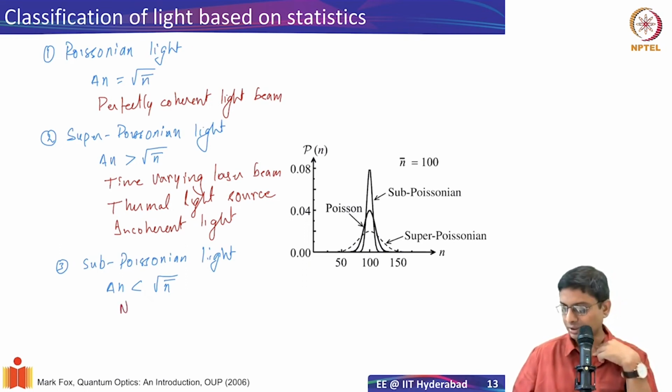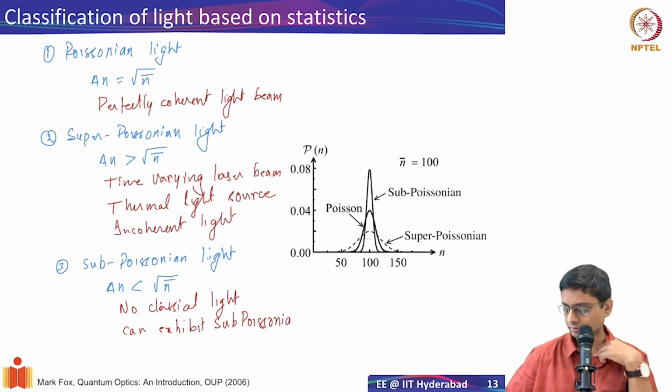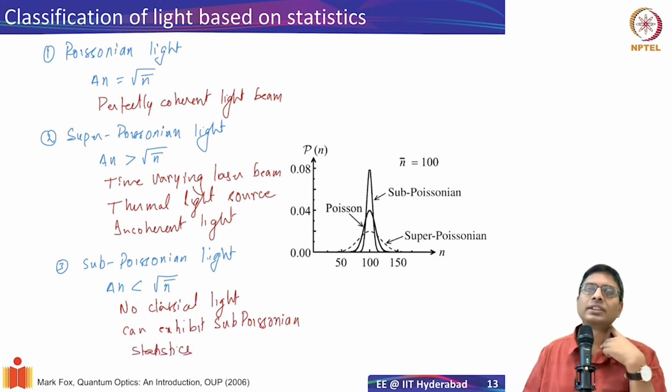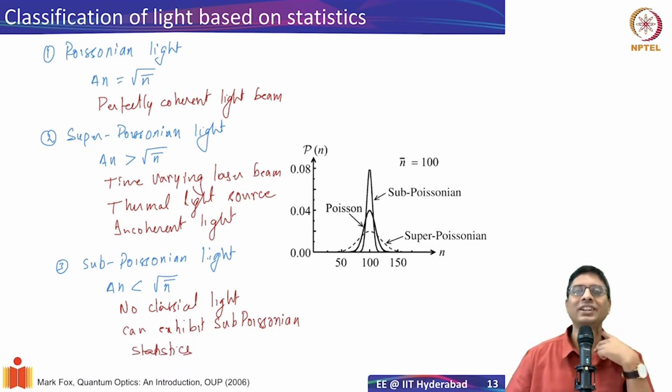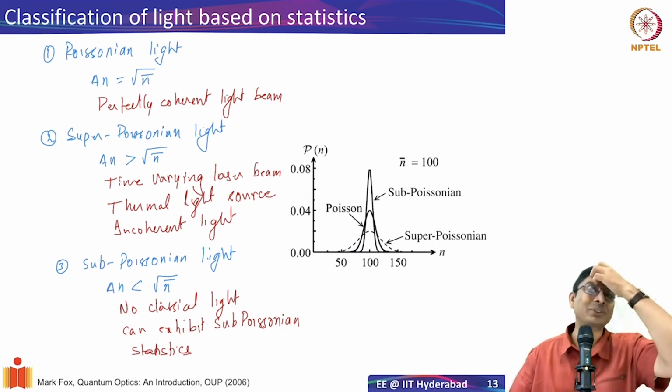No classical light can exhibit sub-Poissonian statistics. So demonstration of sub-Poissonian statistics is one of the signatures of quantum light. You are having a quantum light source.